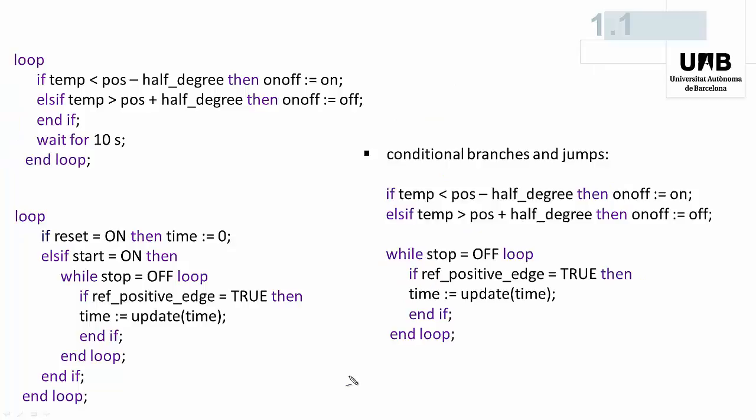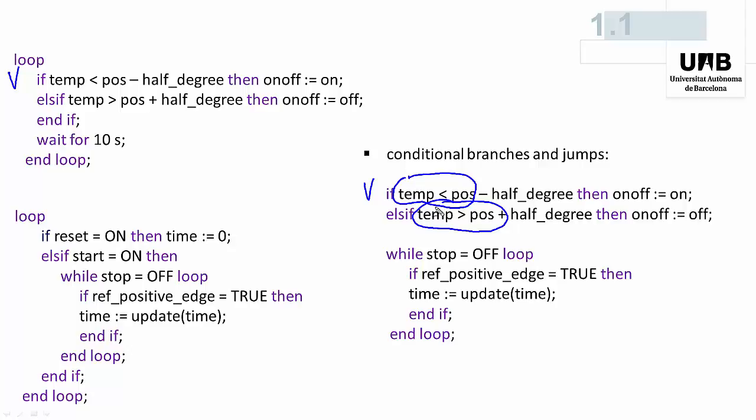A second common characteristic is that sometimes there are branches and jumps. For example, in this instruction of the first algorithm, there is a branch. If temp is less than position, then on-off will be equal to on, while if temperature is greater than position, then on-off will be equal to off.